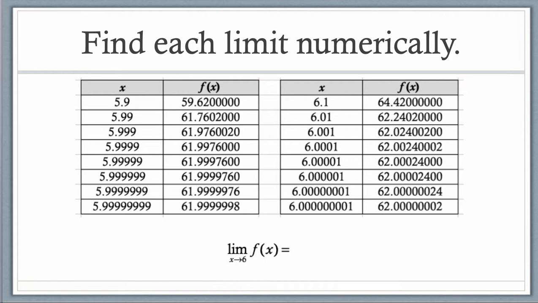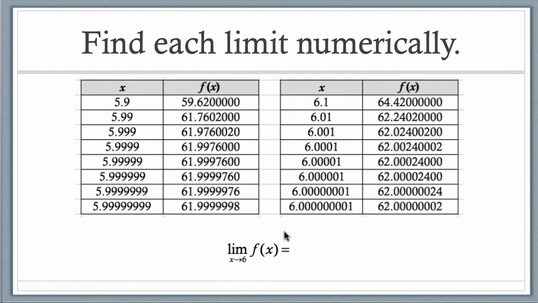So if I'm looking at this function f of x, as I'm approaching the value of 6, which I'm looking at the limit of as x approaches 6 from the left, we see that the function values are getting closer and closer to 62.